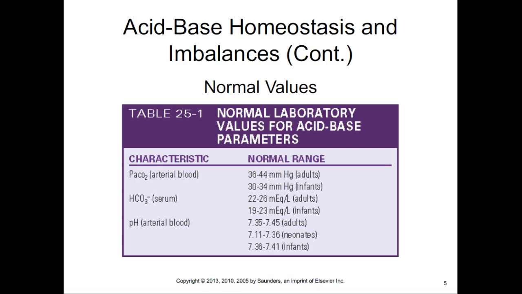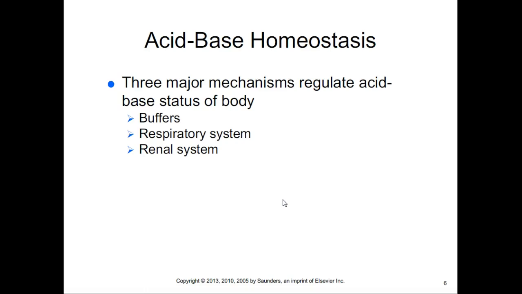In your arterial blood, your bicarbonate range is between 22 and 26 milliequivalents per liter. It's a little bit wider for infants. We have buffers that maintain and regulate the acid-base status of our body.